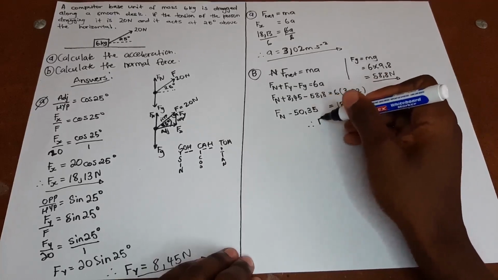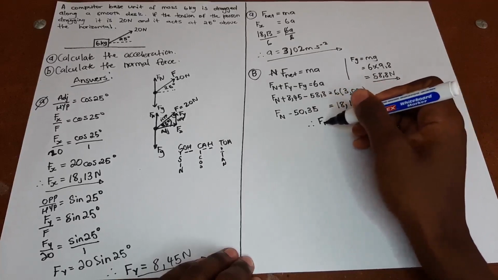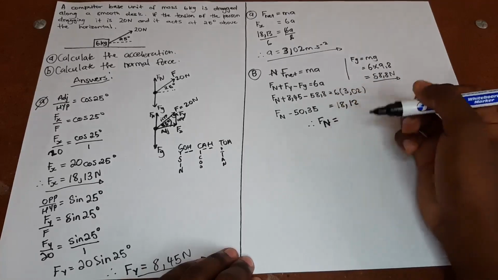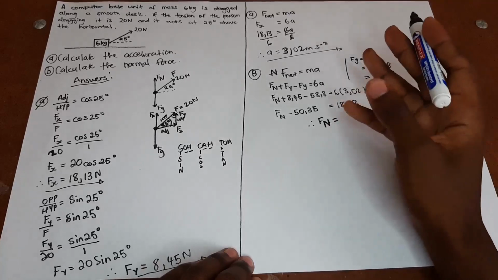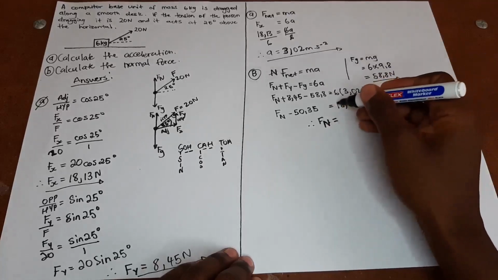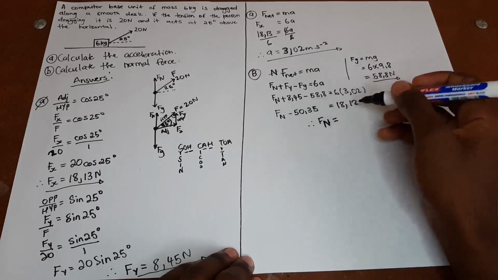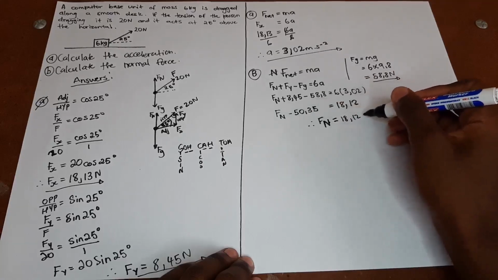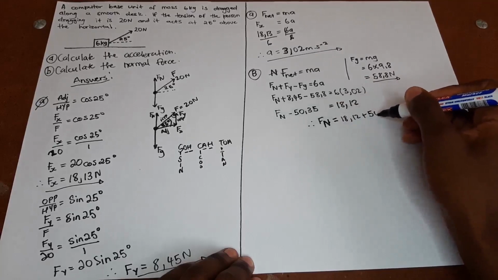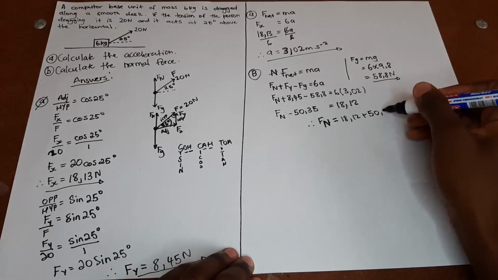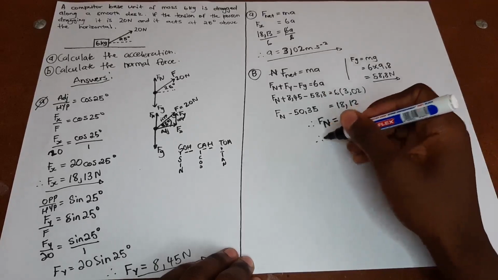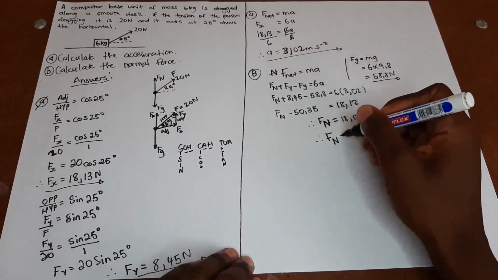Therefore our normal force is equal to 18,12 plus 50,35, because that one goes that side. I just want to make sure, guys, so that you don't get confused.